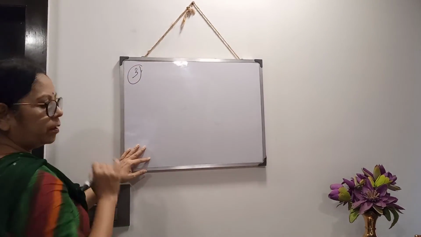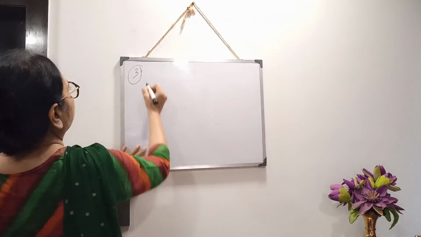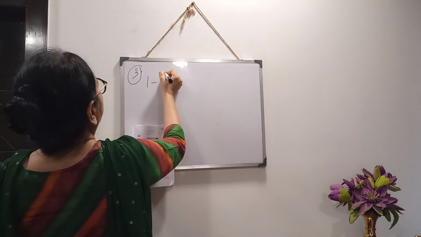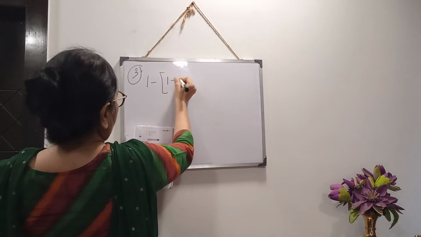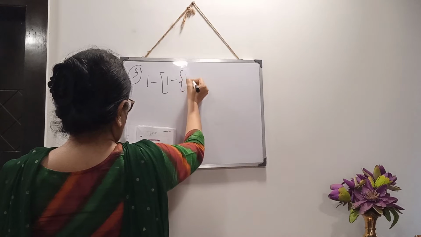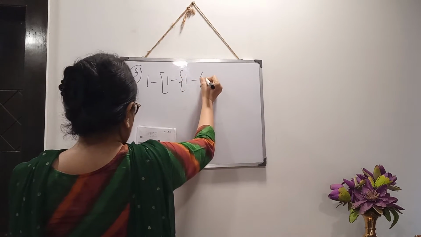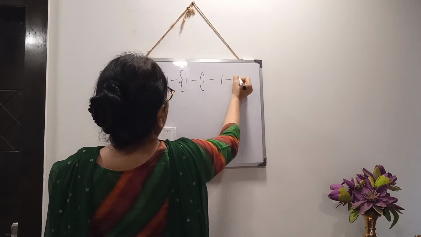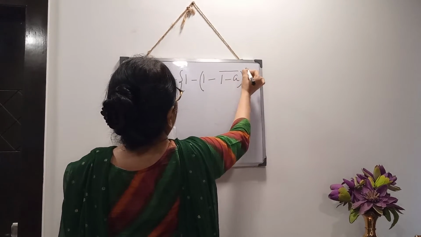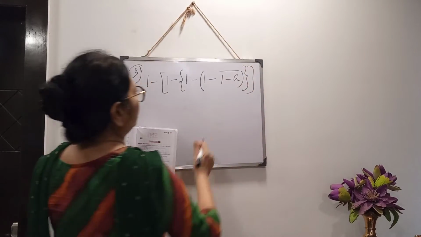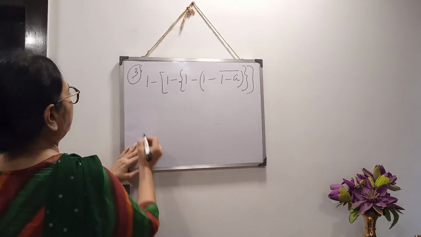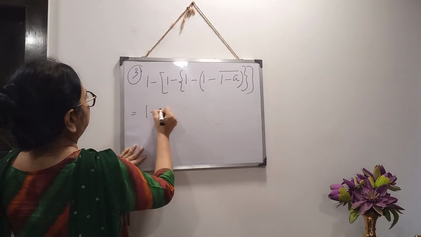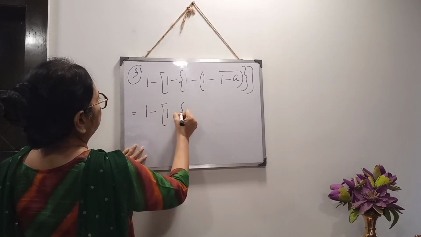Under simplify it is coming 1 minus third bracket, 1 minus, 1 minus, 1 minus a. Bar is here over 1 minus a. Now first we have to do this operation. So write down up to this.